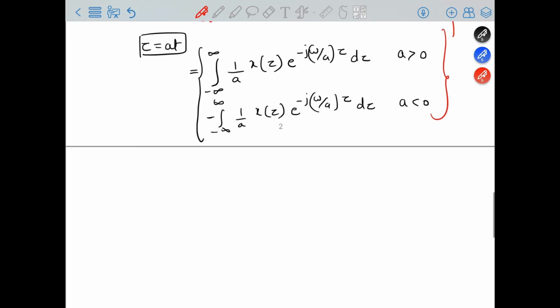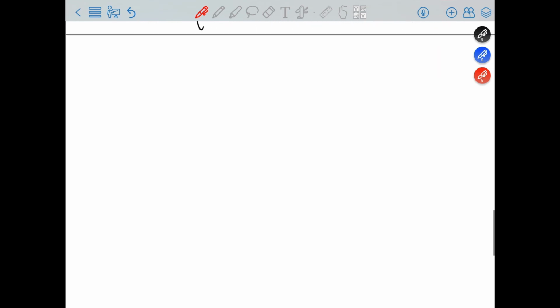So what is this factor showing? We have x(at) whose Fourier transform gives 1 by mod a X(j omega by a).